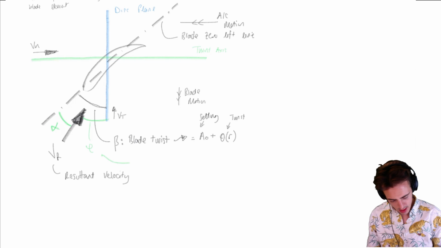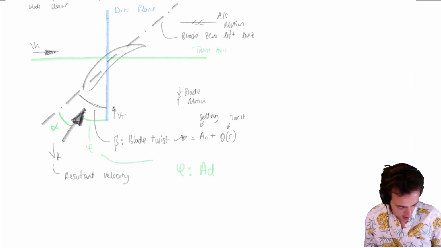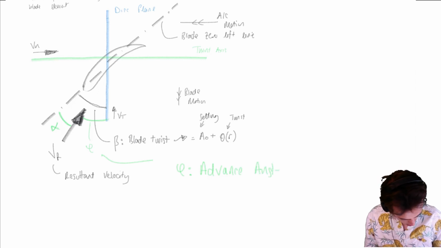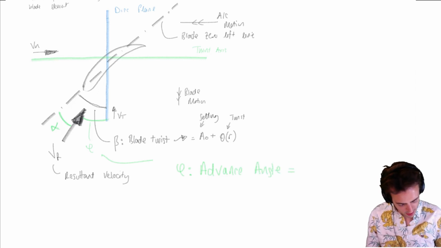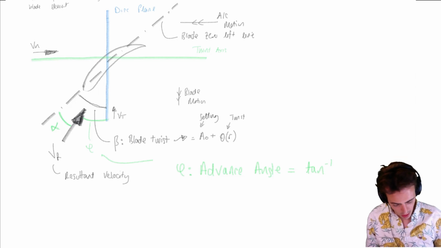Let's say phi is known as the advance angle. And we can define this as the arc tangent, which is the fancy speak for inverse tangent, of Vn divided by Vr.